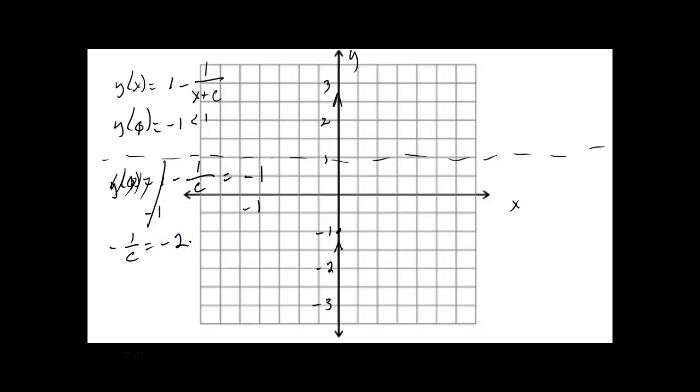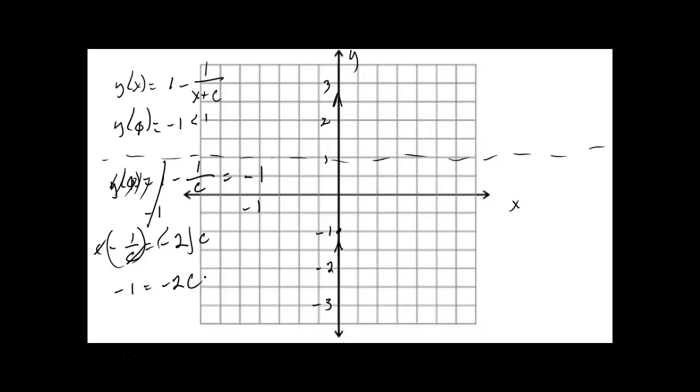Good. Now what? Multiply C on both sides. That would be a good move. So we'll multiply that by C and that by C. That'll wipe out the C's here, and now you have -1 is equal to -2C.